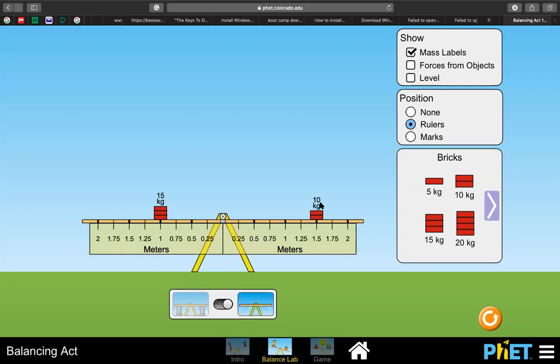And if we times 150 times 1, how much do we get? 150. And if we times 100 times 1.5, how much do we get? 150. So realize that it's 150 over this side and 150 also over this side.